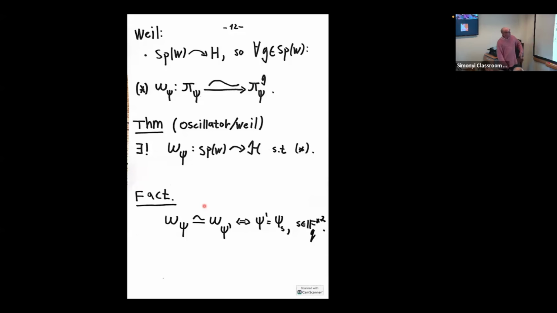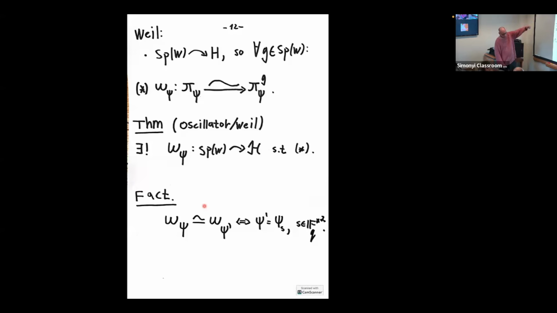Now, I started as if this construction depends on the character on the center of the Heisenberg, but the dependence is really tiny. So, in fact, there are two oscillator representations, Weil representations. Roger called them oscillator representations. Omega psi is isomorphic to omega psi prime if and only if psi prime is a twist of psi by a square.